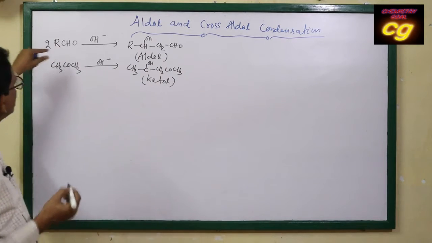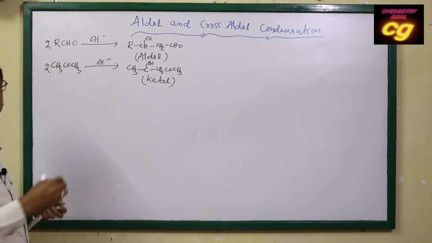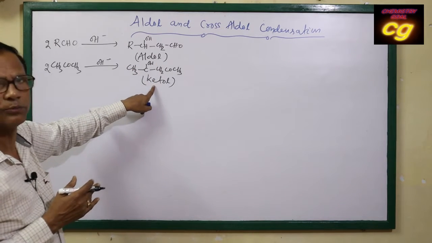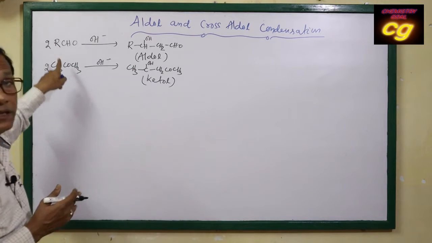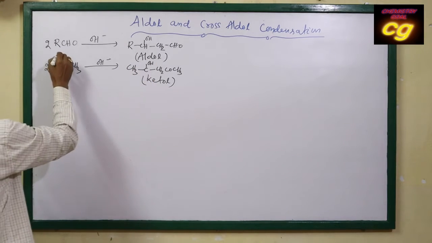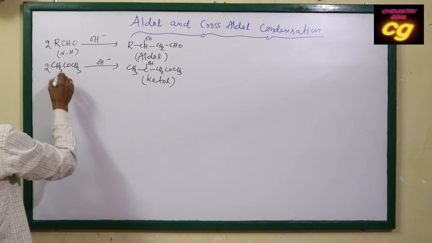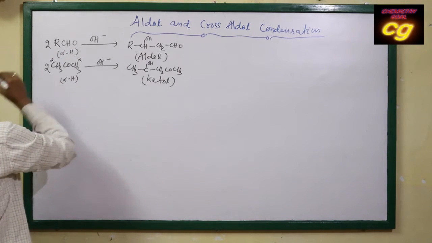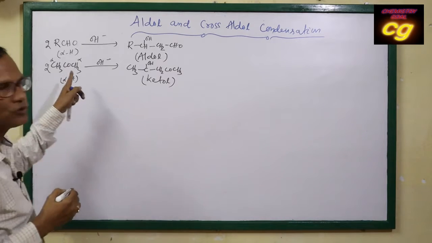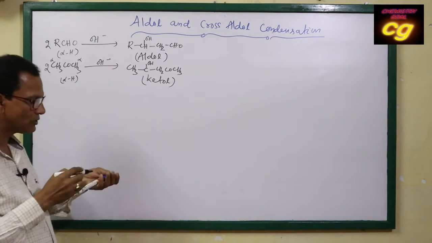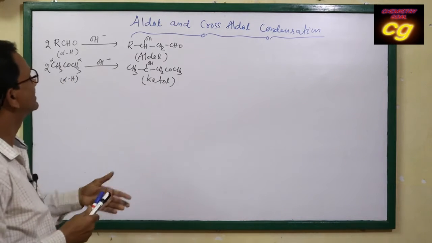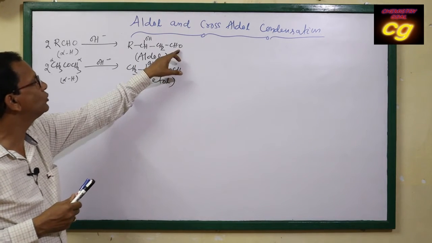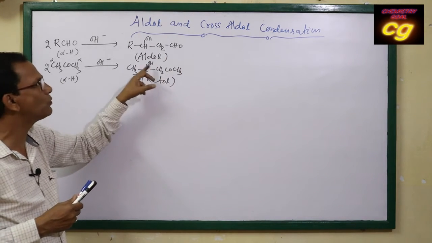Generally these two molecules always condense, forming one aldol product or ketol product. But the condition is that both aldehyde and ketone should have alpha hydrogen atom. Here this is alpha, this is also alpha. If it has alpha hydrogen atom, then these two molecules combine to form aldol or ketol, having aldehyde group and OH group, or keto group and OH group.